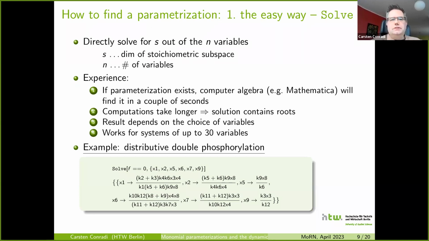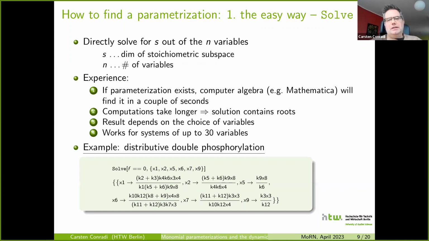My experience tells me that if there is a monomial parameterization, then Mathematica will find it in seconds. If it doesn't find it in seconds, then I change the choice of variables. I do this a couple of times, and then usually I either find one or I'm almost convinced that it doesn't exist. But if I want to show that it doesn't exist, I will talk about this on the next slide.